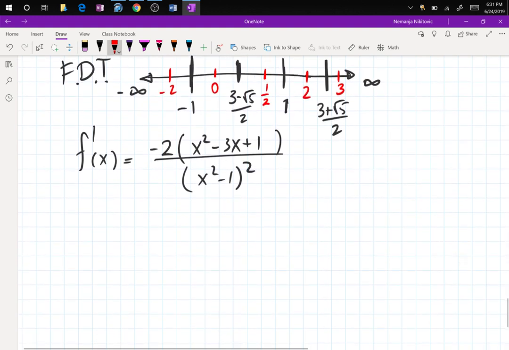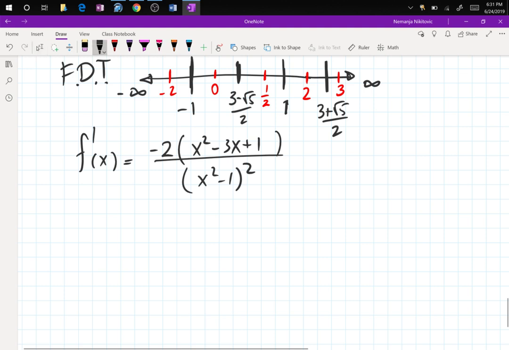Now we have to do those 5 calculations in the first derivative. But luckily, we already have a negative divided by a positive times x squared minus 3x plus 1. So what we have is actually negative times the parenthesis. We just need to compute these values in that parenthesis, and if it comes out positive, the whole thing is negative. If it comes out negative, the whole thing is positive.